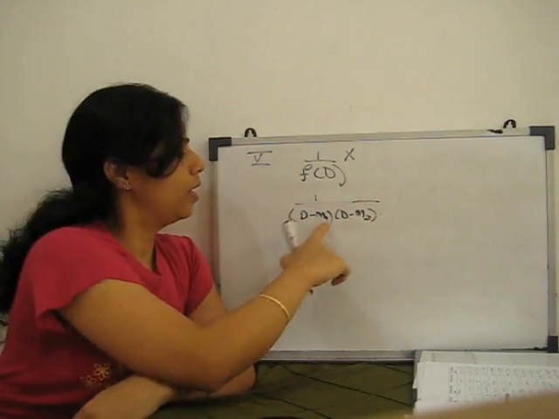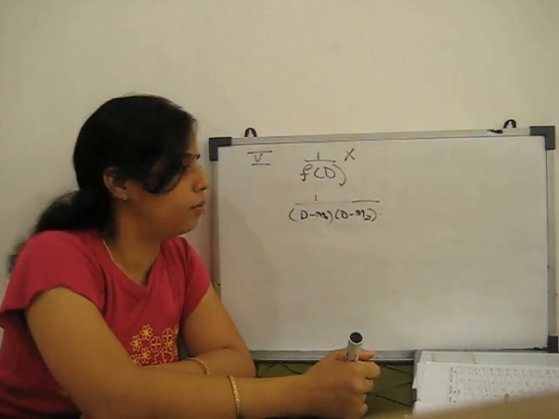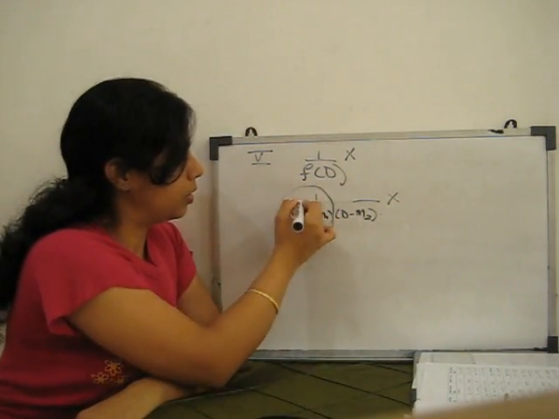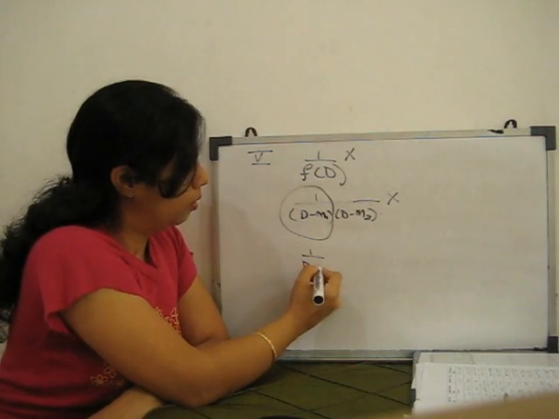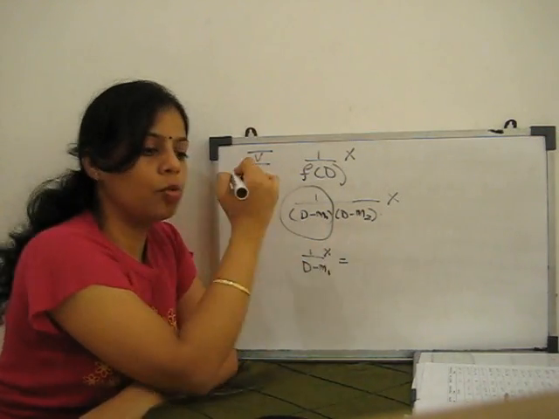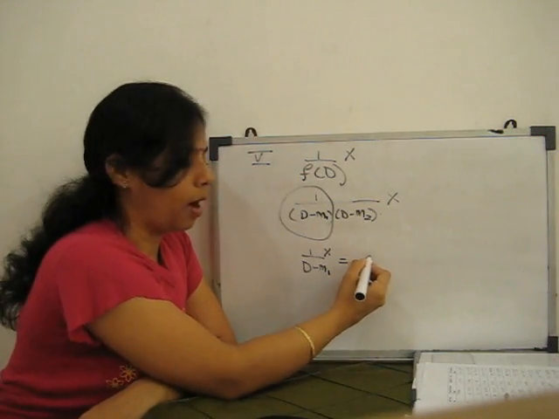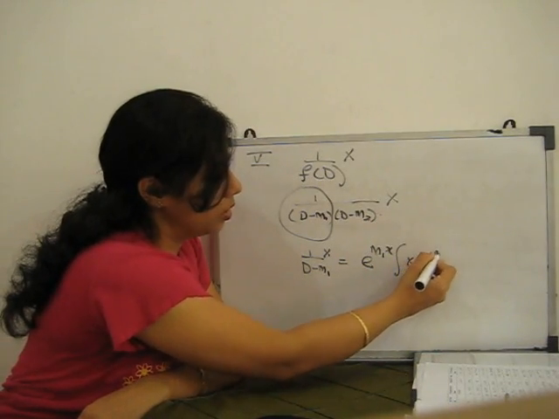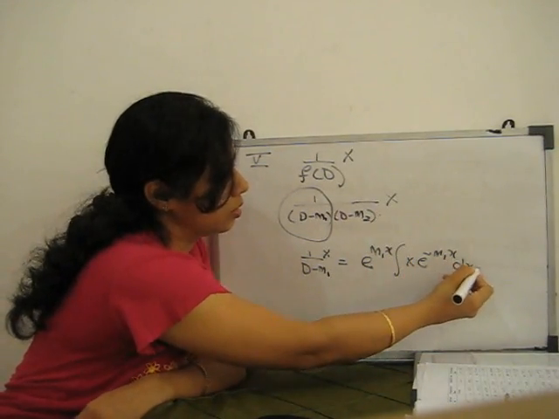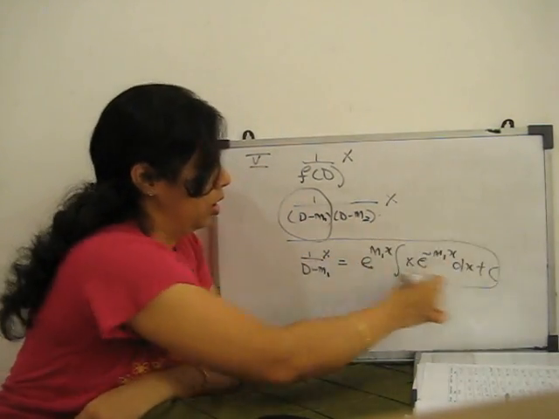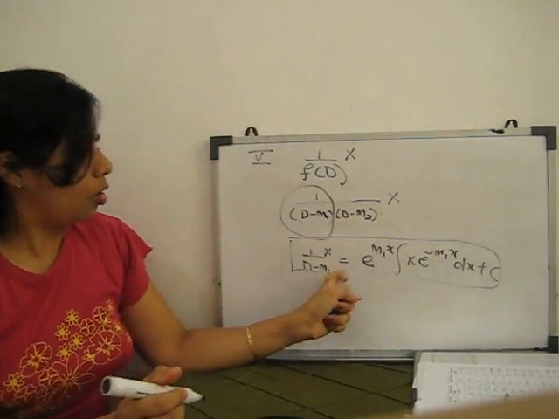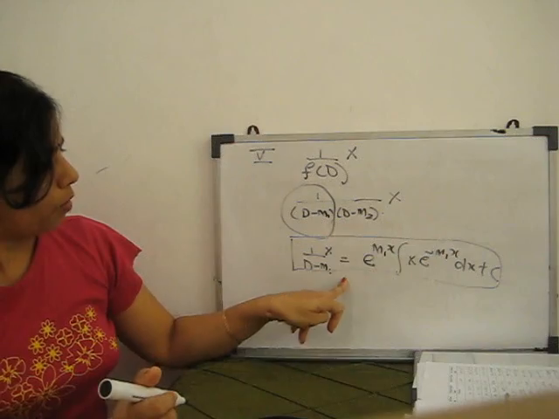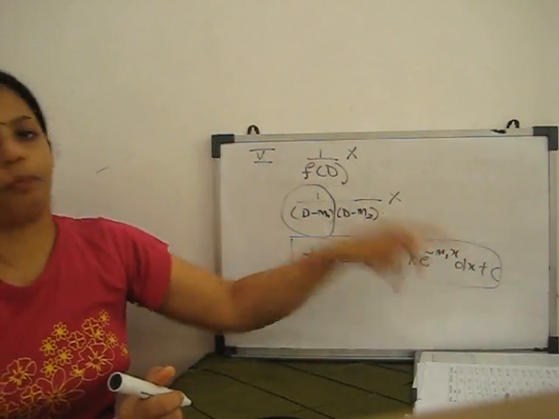If we have a two-variable equation of order two, then two factors are there acting on X. So first we solve for this: 1 upon d minus m1 of X is equal to e to the power m1 x times the integral of e to the power minus m1 x X dx plus c. You should remember this. So solve this, put the solution here, again apply the same formula.